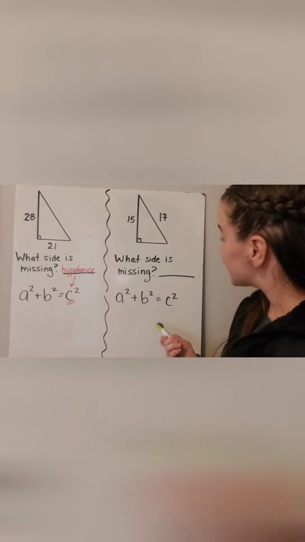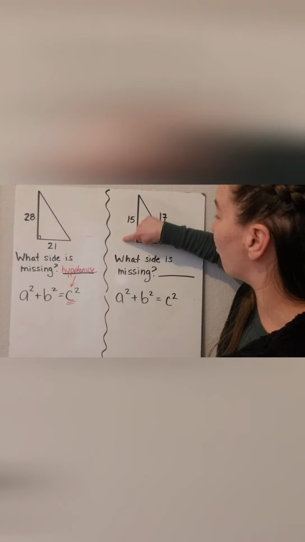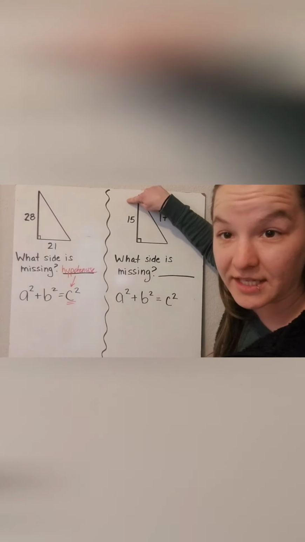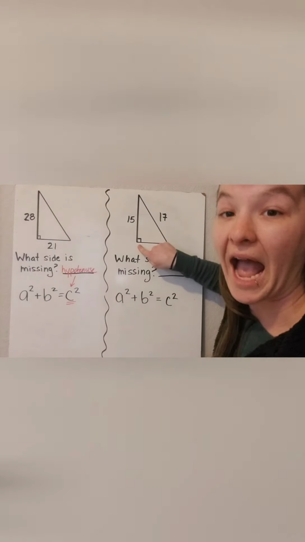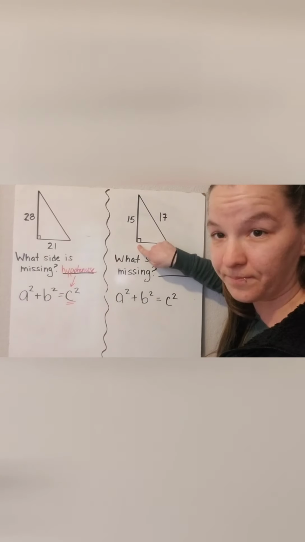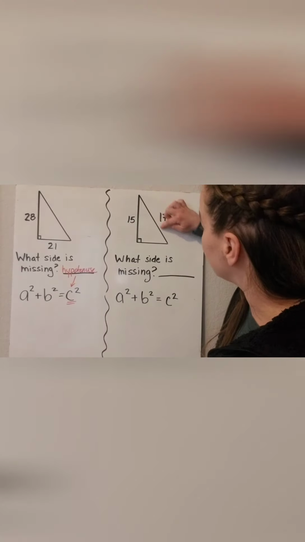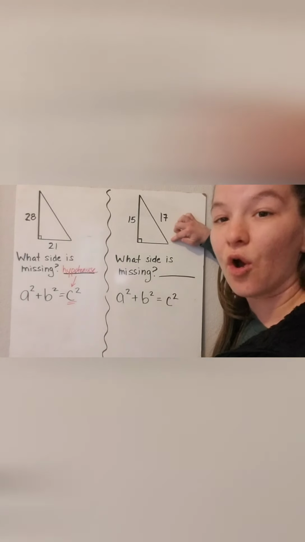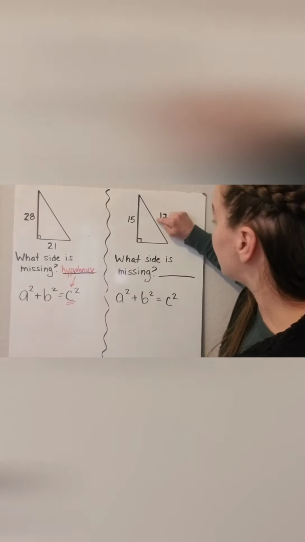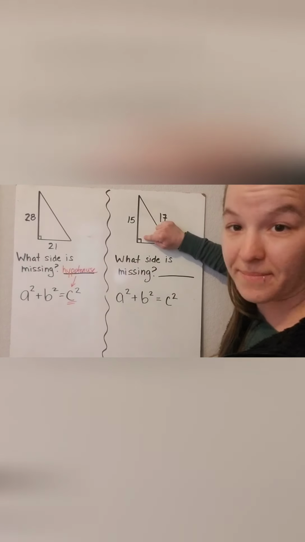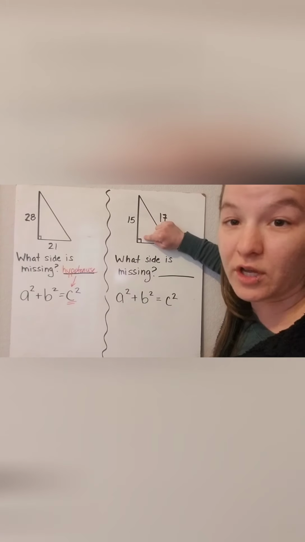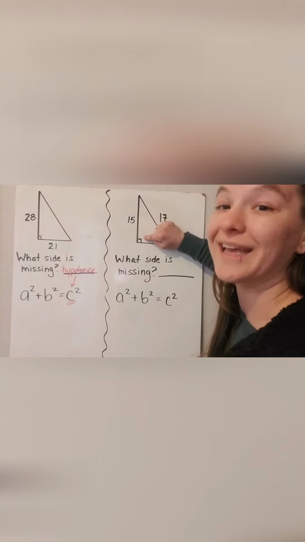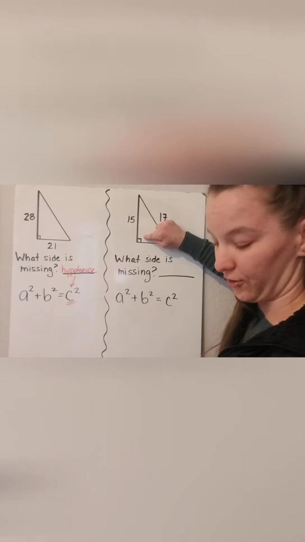Now let's look at this example. We were given one leg. I know this because this side length is attached to my 90-degree angle, but then it also gave the hypotenuse. I know this is the hypotenuse because it is across from the 90-degree angle, or you can also think of it as the longest side on your right triangle.